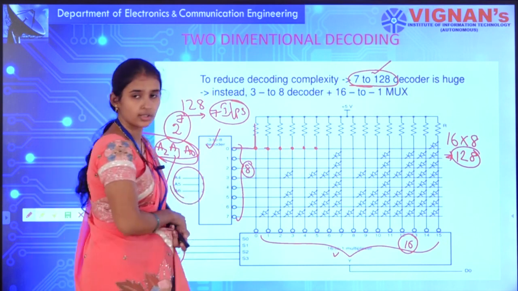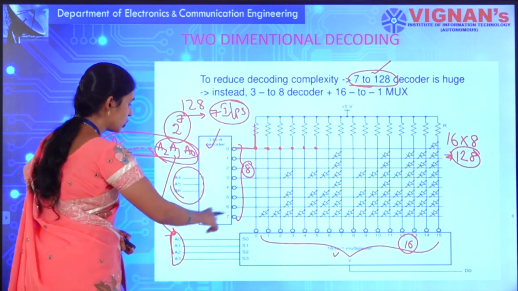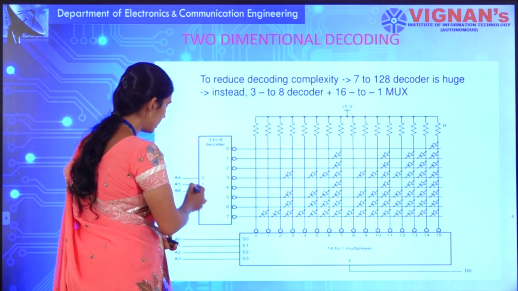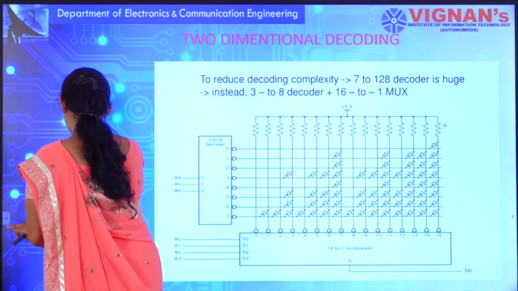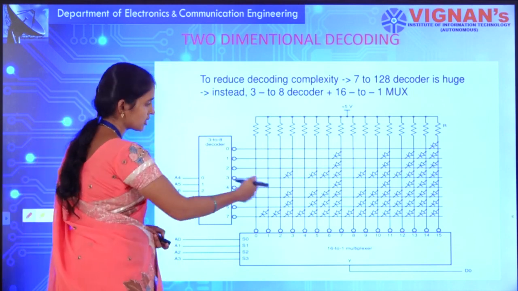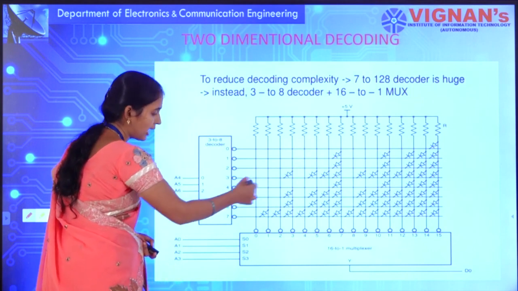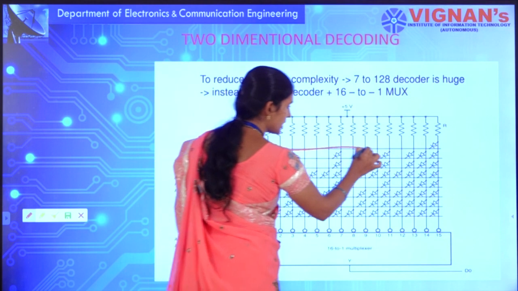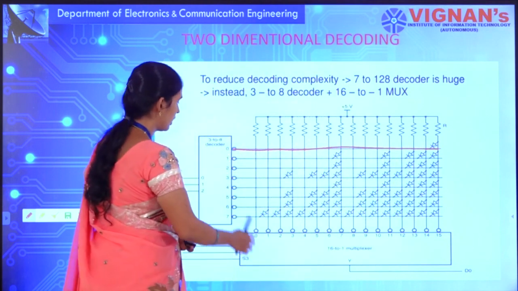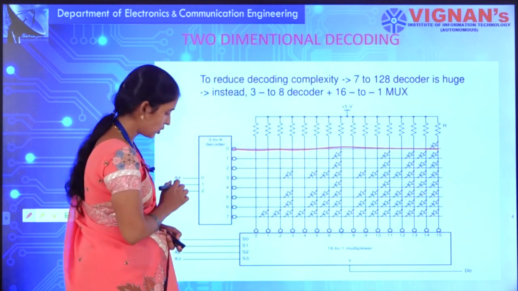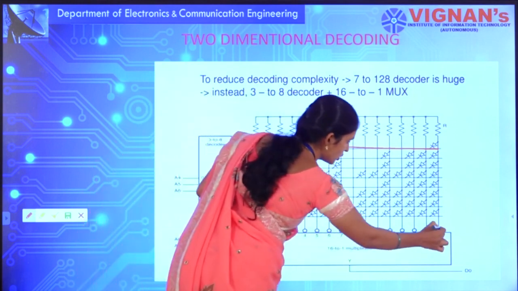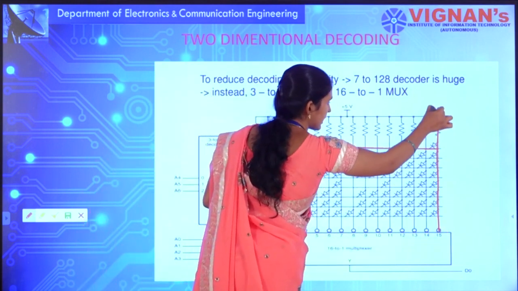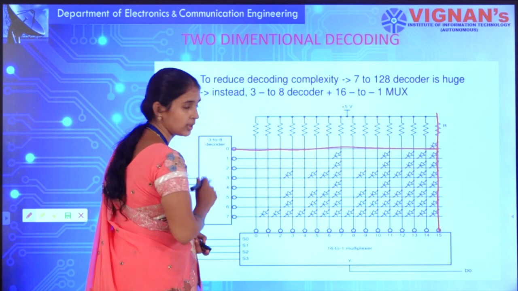Coming to the point, as it is a decoder, it selects only one output line. Suppose this word line is selected because of the inputs, and suppose column 15 is selected based on the input lines.